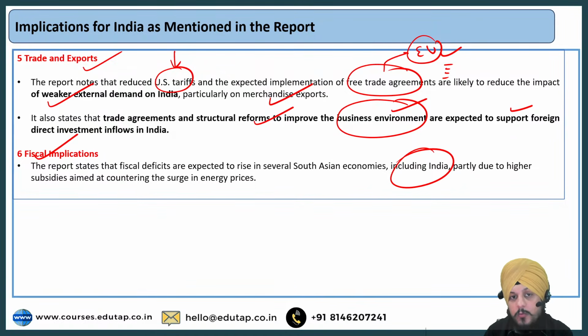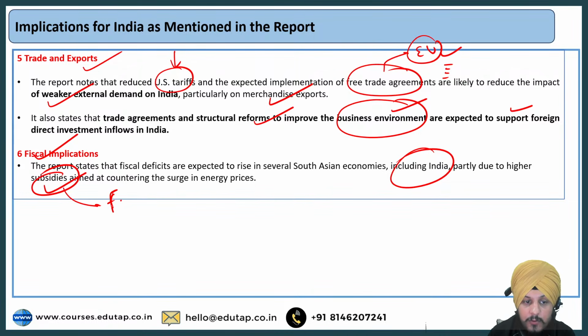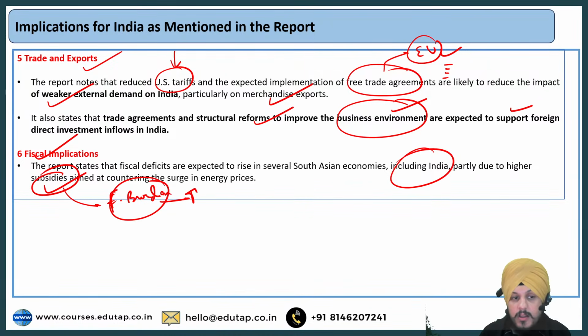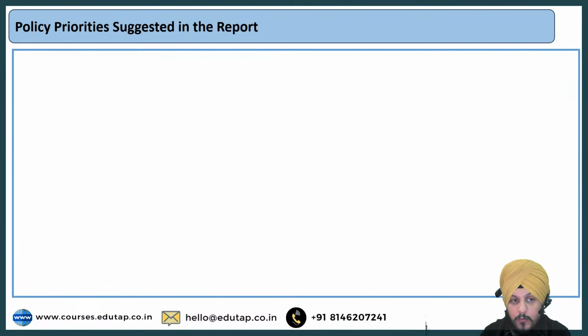And because of this, the government is going to increase the subsidies in order to counter these energy prices and the inflationary effect. Because of the subsidies, the fiscal burden on the economies including India is going to get increased. So that is another point as a part of it.